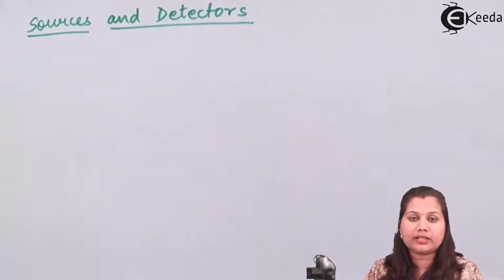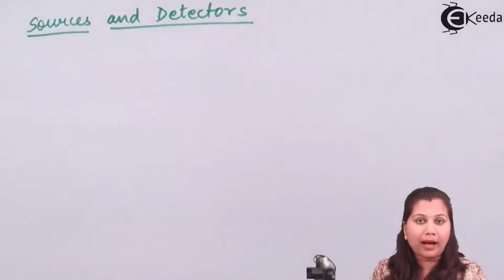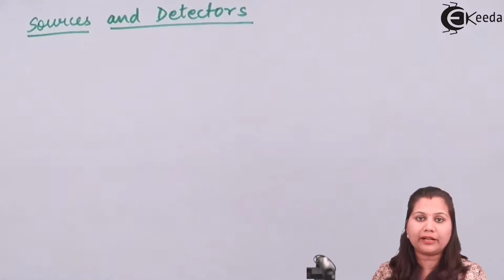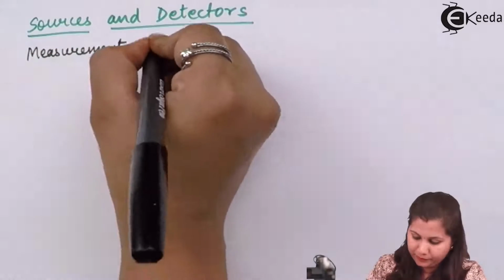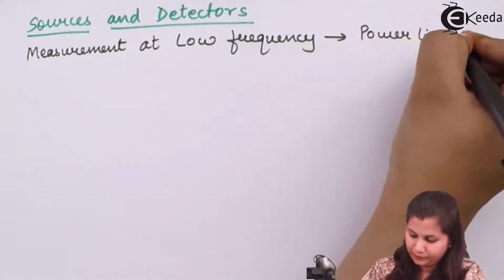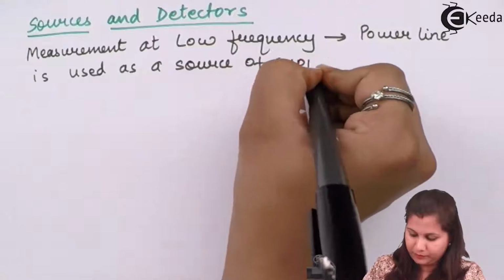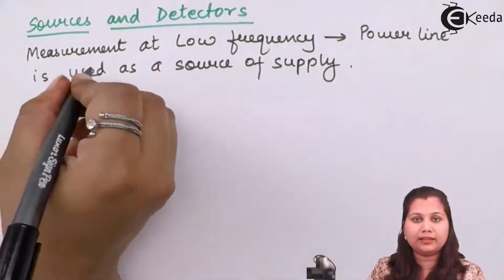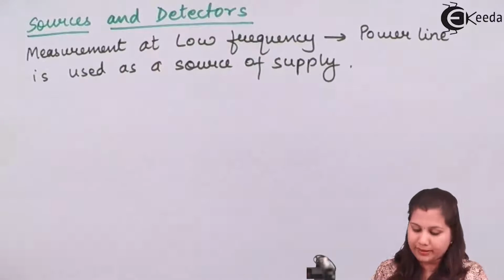Now, when the AC bridges are used for measurement at low frequencies, the power line can be used as a source of supply to the bridge. And when the measurements are done at high frequencies, electronic oscillators are used for the power supply.